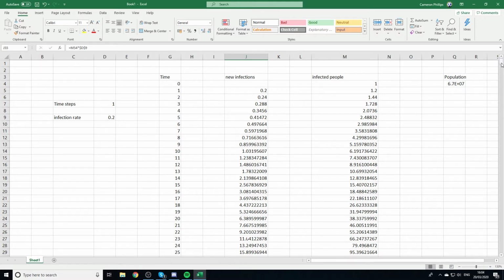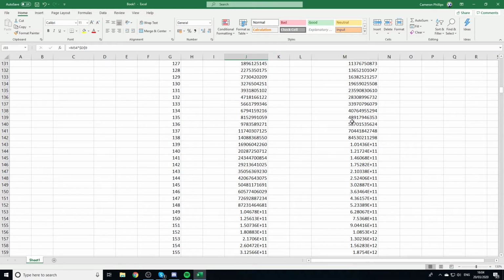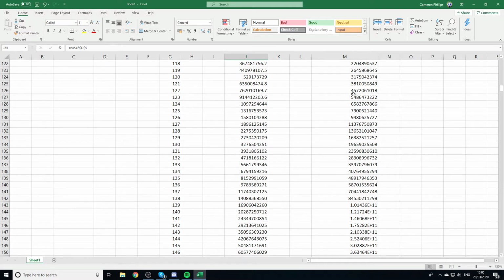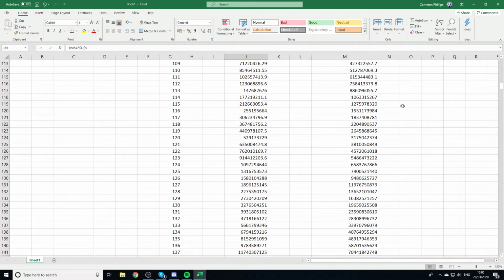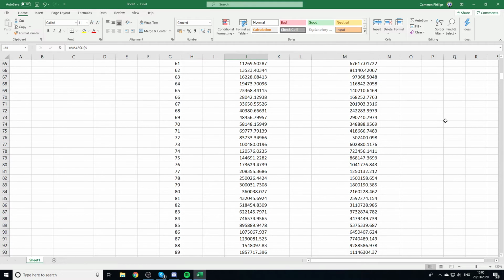How long does it take before it's hit the whole population? Infected people, we want, what's this, 48 million? No. 45,720,000? No, it's so quick, it's unbelievable. 77 million by day 87. Staggering. 116,000. Goes up rapidly. 1,004,000. 12 million.